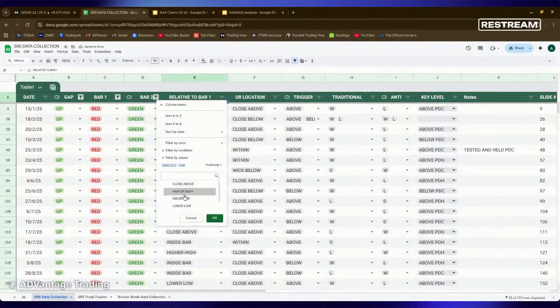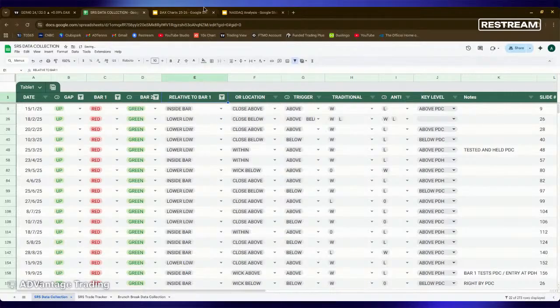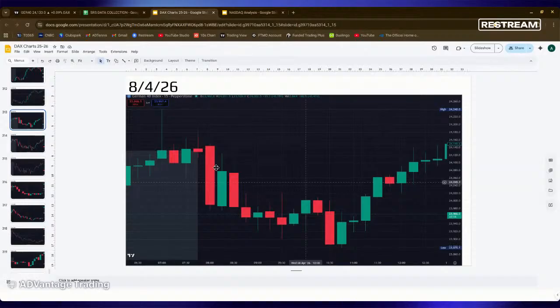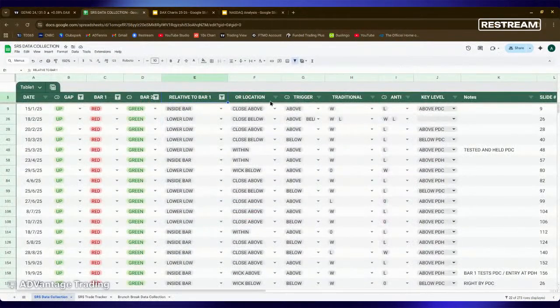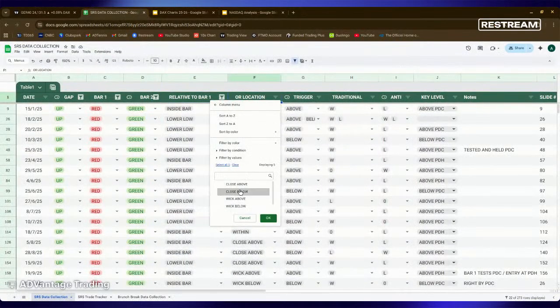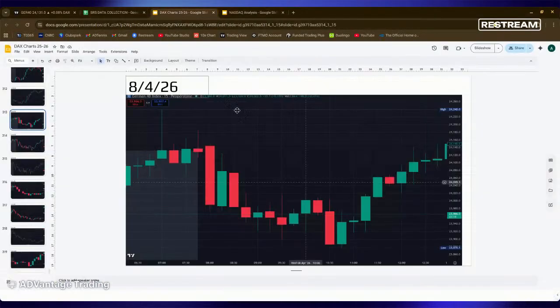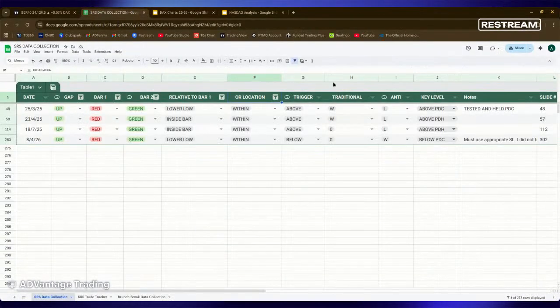It was an inside bar, meaning the second bar didn't break above or below the first 15-minute bar. Overnight range location is within the overnight range, so it didn't break above or below the overnight range. And the entry signal is below.